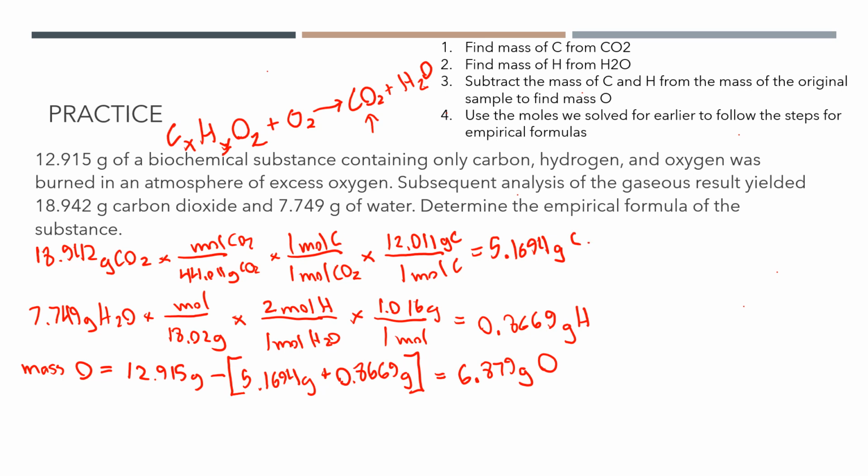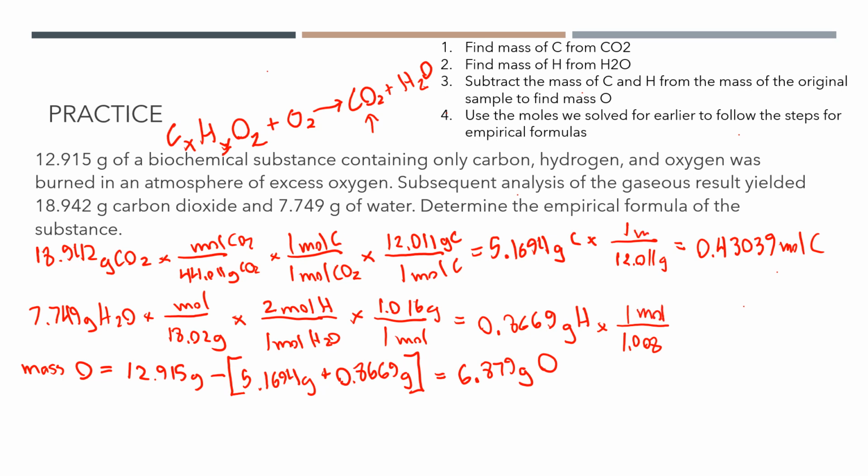So now we have to take these values and convert them into moles. Let's do that real quick. So 5.1694 divided by 12.011, which I guess just reverses what we did earlier. That gets us 0.43039 mole of carbon. Then we divide the hydrogen mass by 1.008 grams for every 1 mole.